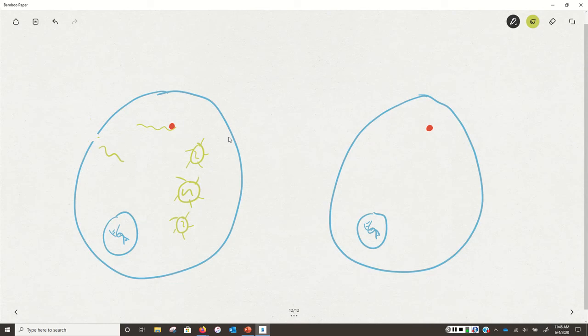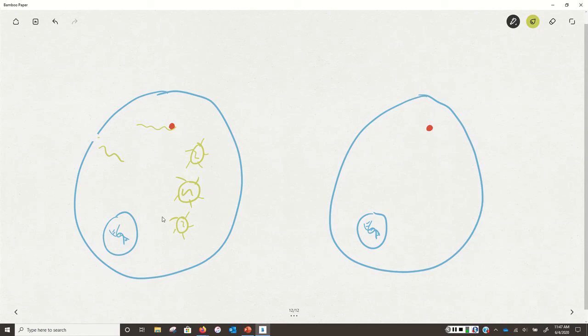Now, it may stop for a little while, but it will start again. So this cell, once it becomes infected by a virus, it's going to be forever infected by this virus. And there's no fixing it. We will see in one of our upcoming lectures what happens to this cell in the end.